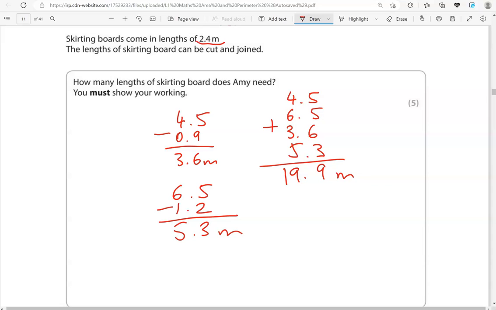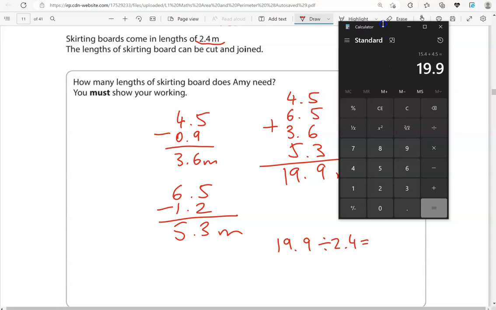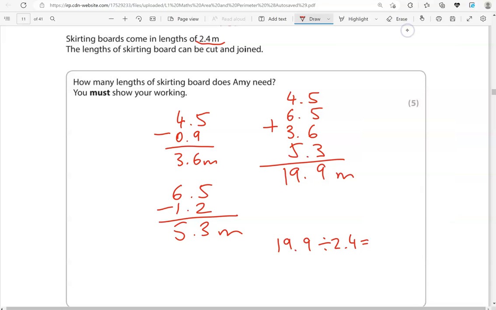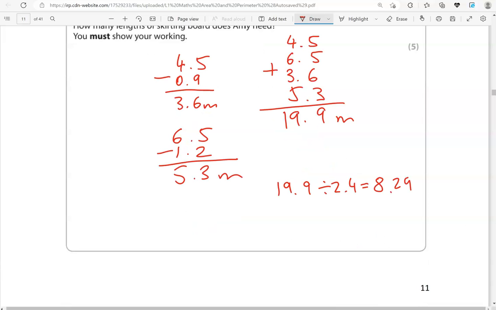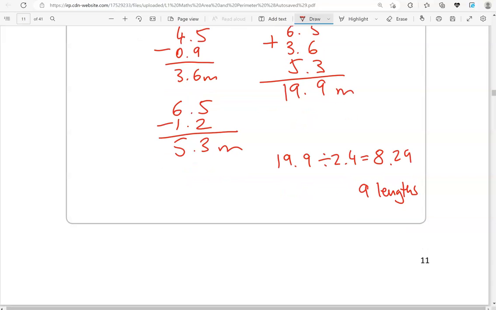So what we're going to do is 19.9 divided by 2.4 to work out how many lengths we need. And that is 8.29, which we always need to round up. So that's going to be 9 lengths. Better get a bit more than less.